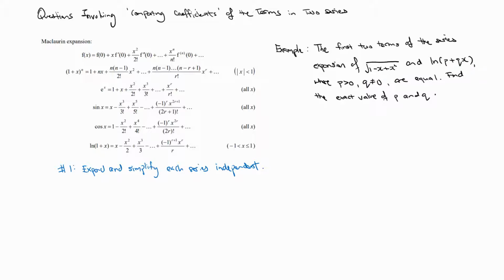How many terms we should expand will depend on the question. In this case, it talks about the first two terms, which is not too bad, so all we need to do is expand the first two terms.